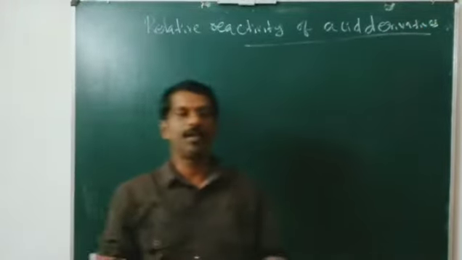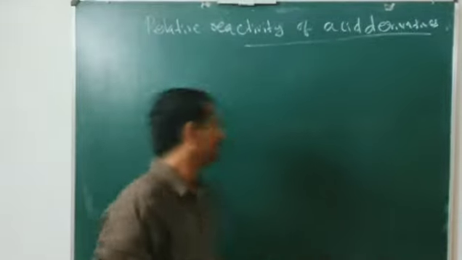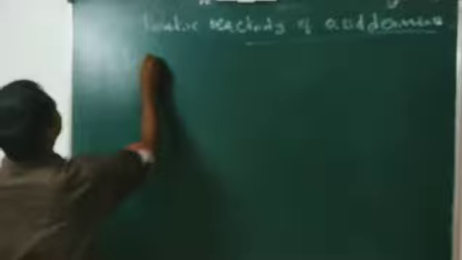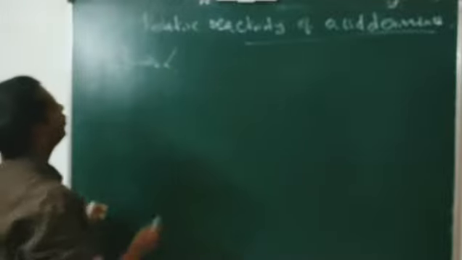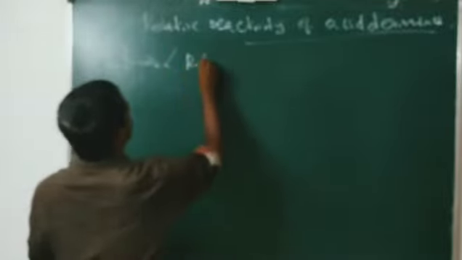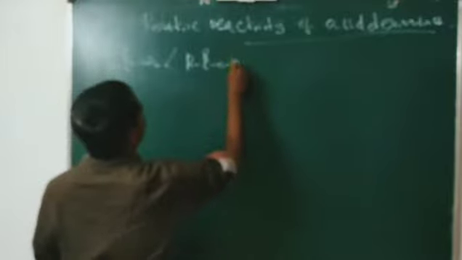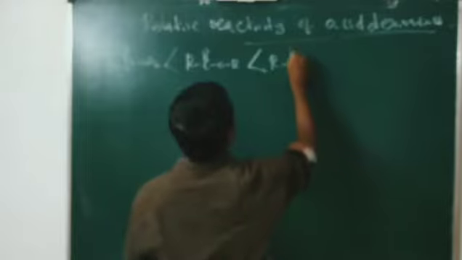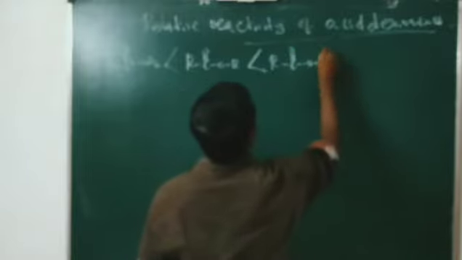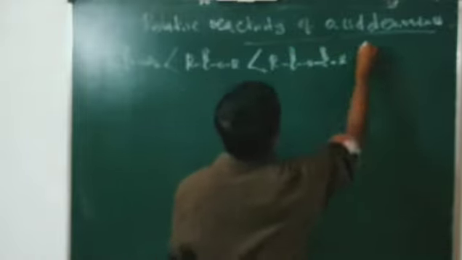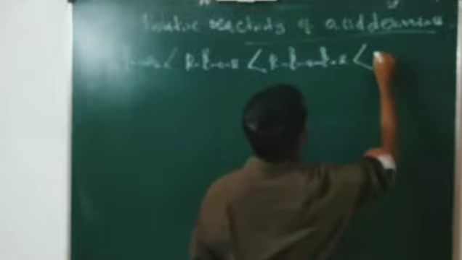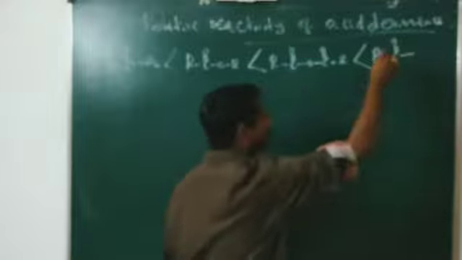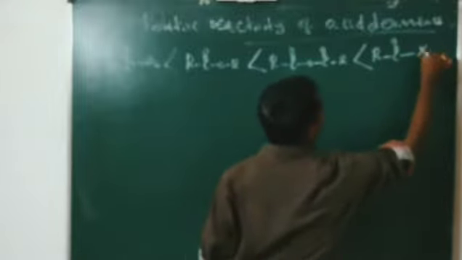We can see that the overall reactivity of acid derivatives is: amide, RCONH2, least reactive, then ester, then anhydride, RCO-O-COR, and the most reactive is RCOX, acid chloride or acid halide.